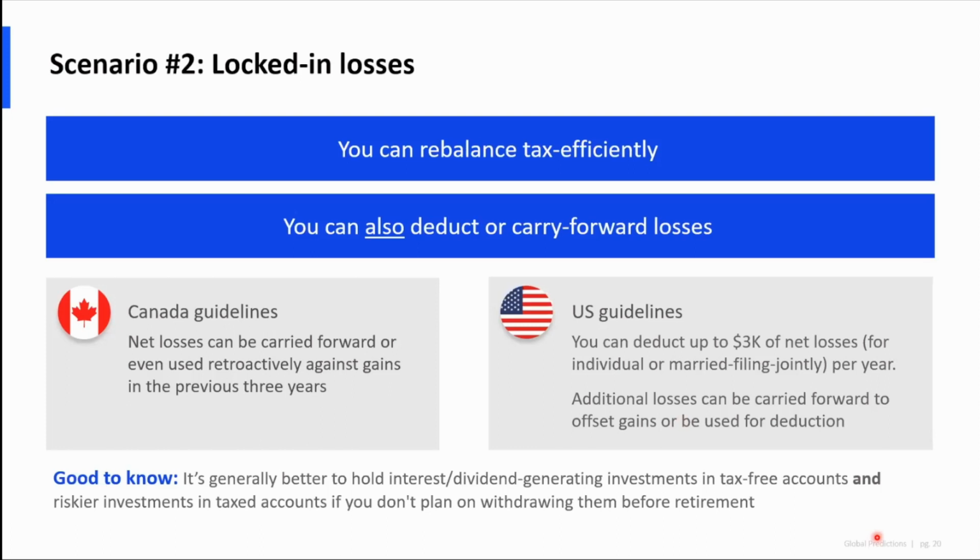The other thing I wanted to mention is that if you're in the position where you do want to rebalance, it is worth thinking about taxes as well. It's sort of outside the scope of this talk, because we're mostly talking about end of year harvesting. But there are some things you can do. If you have something that's spitting off a lot of interest and dividends, you're going to want to move that to a tax-free account if you can.